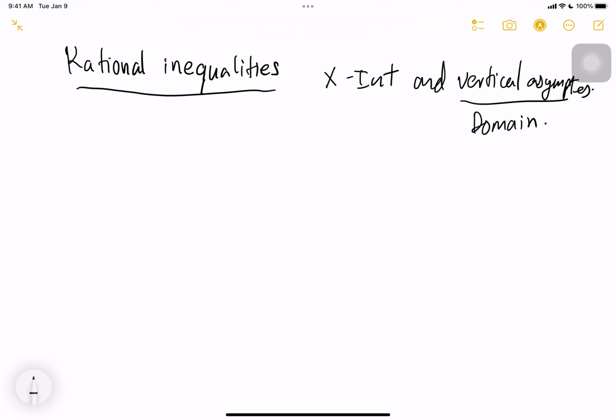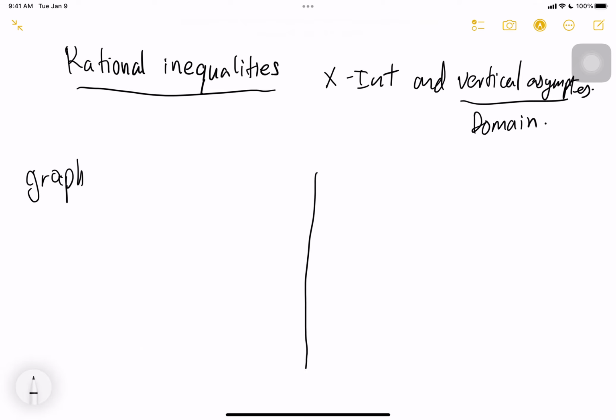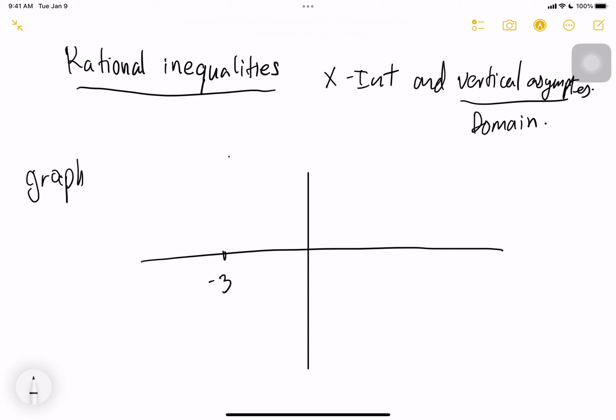So let's start with a graph question. So let's say I have the graph of a rational inequality, a graph of a rational function. That looks something like this. So at -3, I have a vertical asymptote.